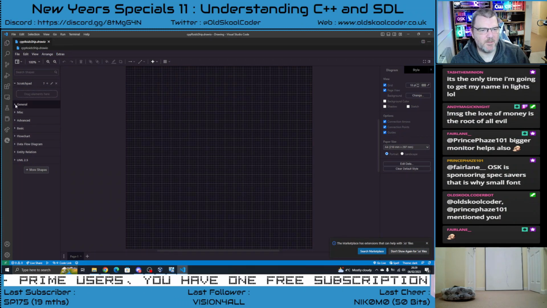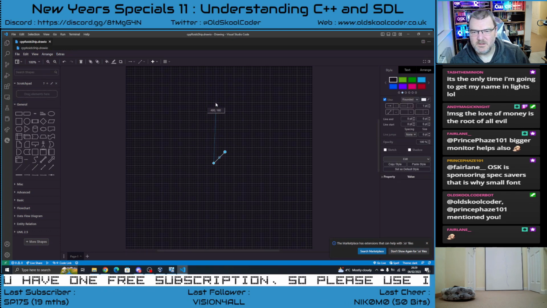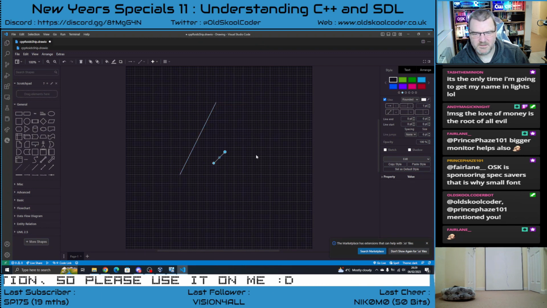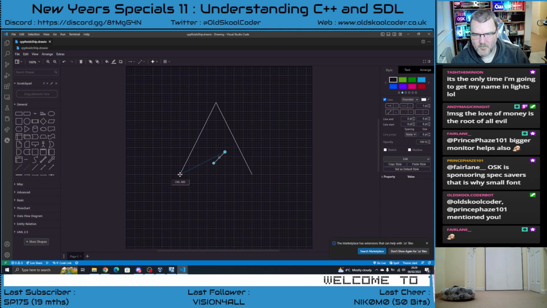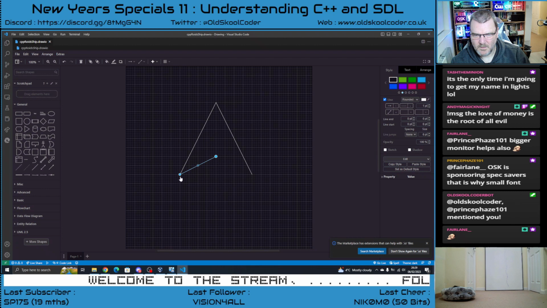Let's draw a ship. So the ship is... So we'll use that point there. And we will go 1, 2, 3, 4. That looks about right. Oh, we can alter it in a bit.